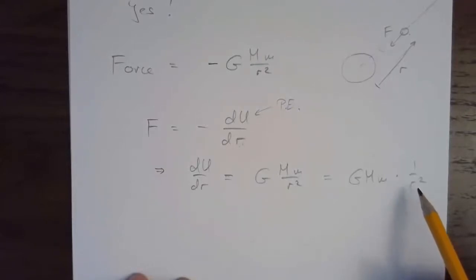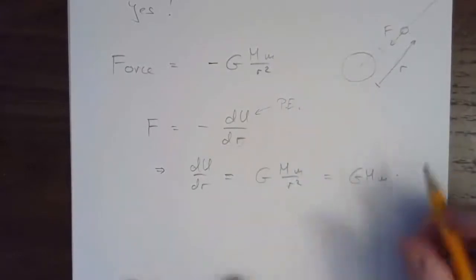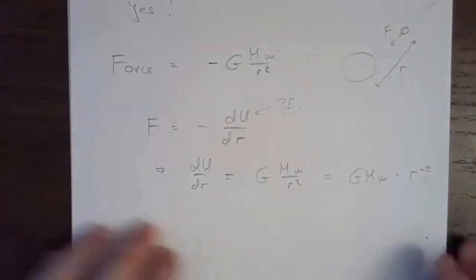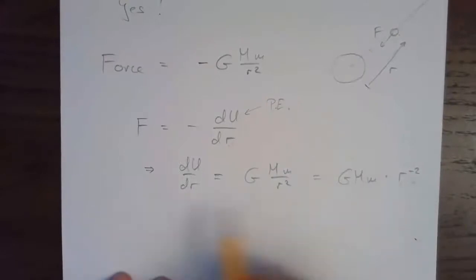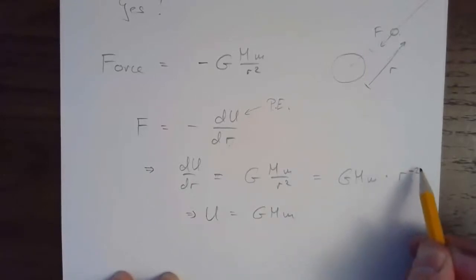It's r to the minus 2. Maybe I should have written it like that. Like that. r to the minus 2. Well, GMm, so I need to increase the exponent by 1 because differentiating makes the exponent one less, right?